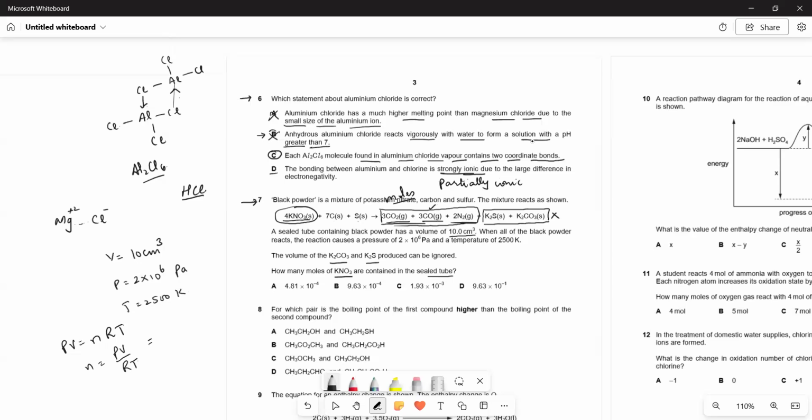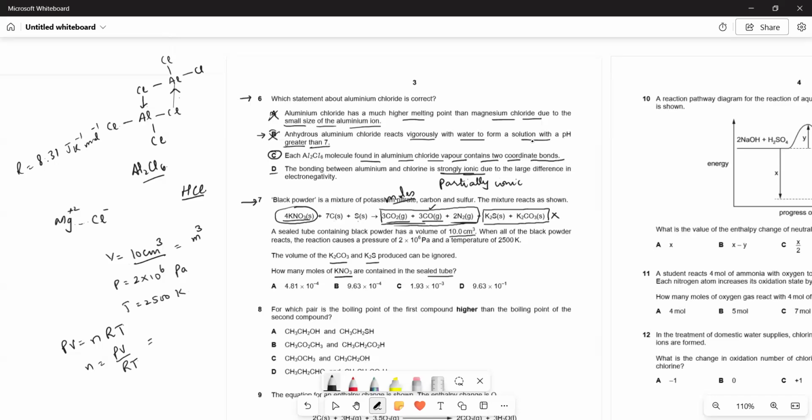Now, before putting in the values, the units must be the same. Remember that R value, that is 8.31 joules per Kelvin per mole. In the calculation of this value, we used the volume in cubic meter.